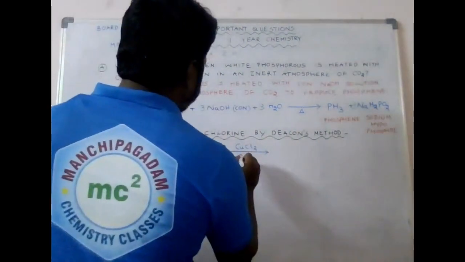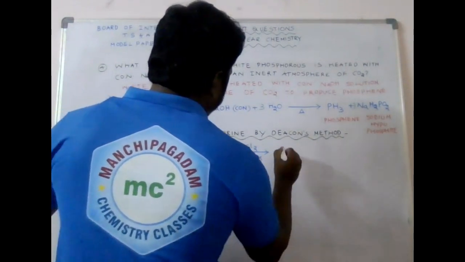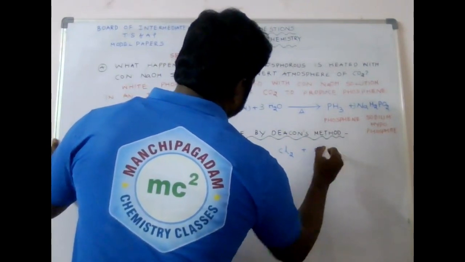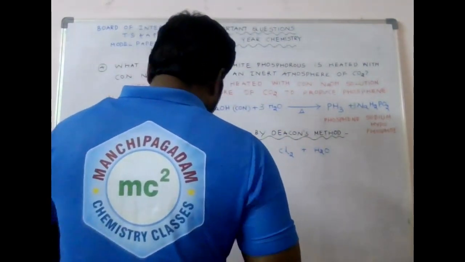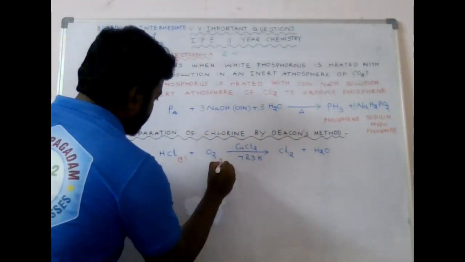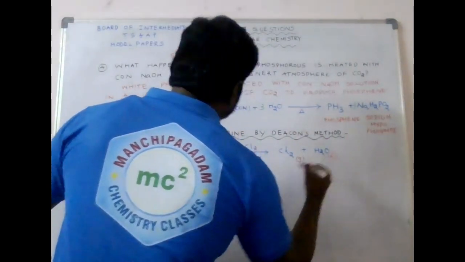In the presence of catalyst is what? CuCl2, and the temperature 723 Kelvin, you will get chlorine, and byproduct is what? Water. Okay. So here we have taken hydrogen chloride gas, oxygen gas. We got chlorine gas.